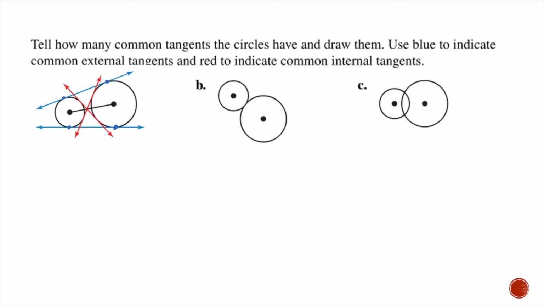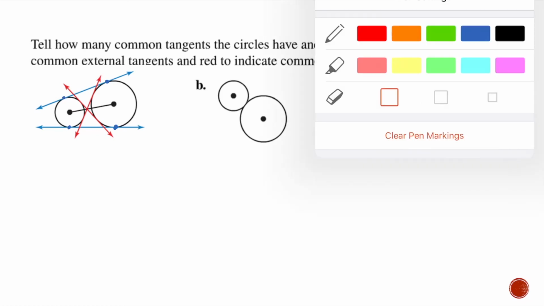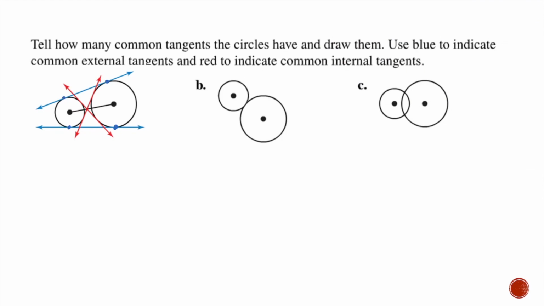These are external for obvious reasons. They lie on the outside of my circles. Now taking a look at my internal tangents, we can see that I have a point of tangency there on both circles and here. Here I have 4 total tangent lines, 2 internal and 2 external.